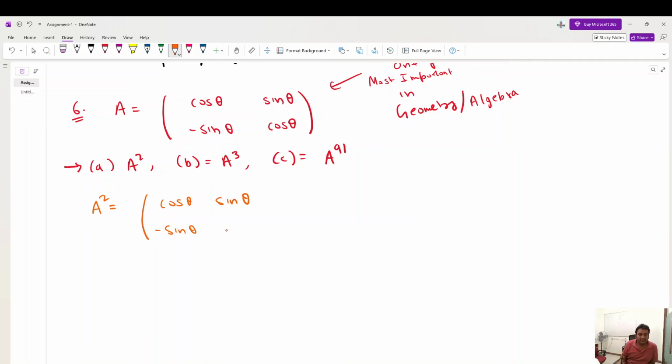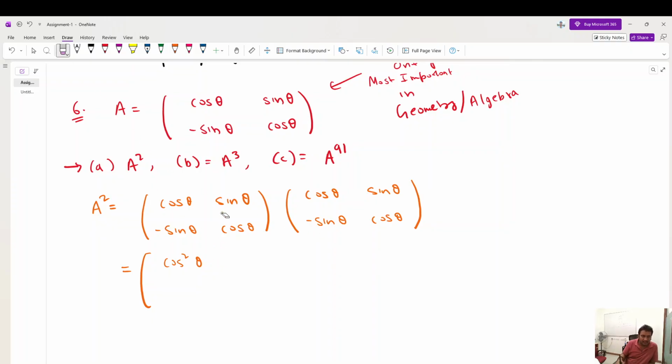Minus sine theta, cos theta, right? Into this only: cos theta, sine theta, minus sine theta, cos theta. Now let us solve this. So cos theta into cos theta is cos square theta, plus this thing, which is minus sine square theta, right?